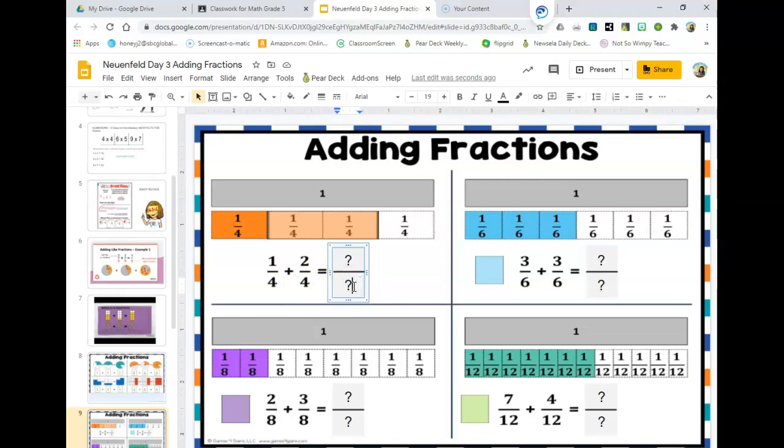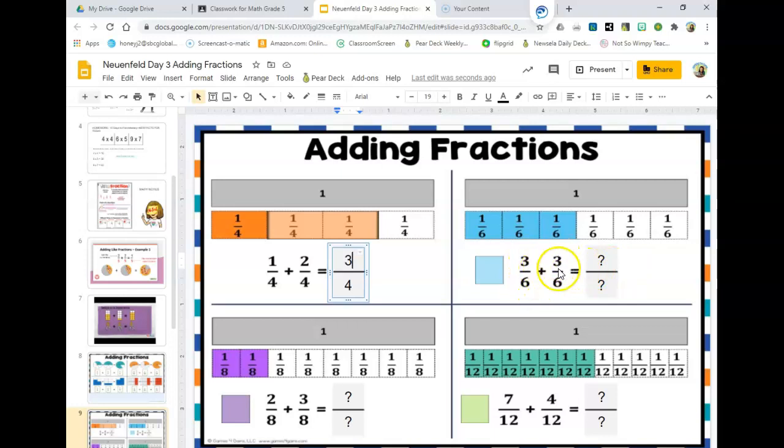I'm going to erase the question mark and I'm going to put the number 4 there because if the denominators are the same, that means I can keep the denominator the same in the answer. 1 plus 2 equals, that's right, 3. You can also see in our picture we have 1/4 plus 2/4, and when you add them all together, you have 3. All right, let's take a look at our next page.